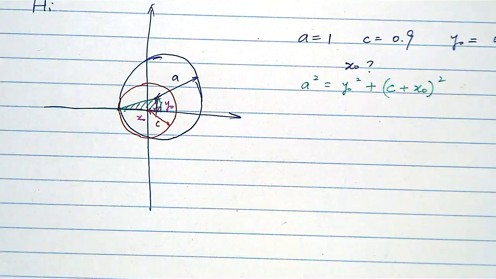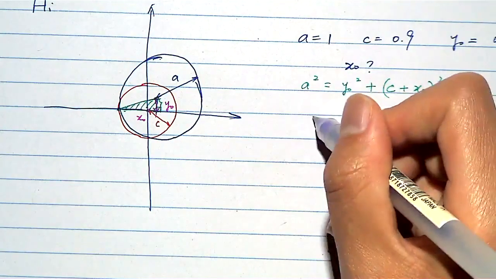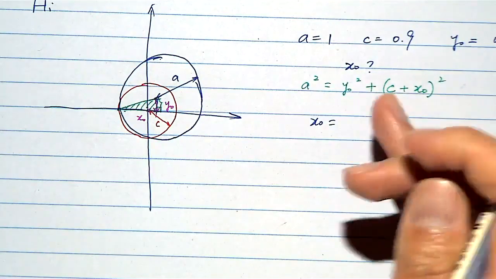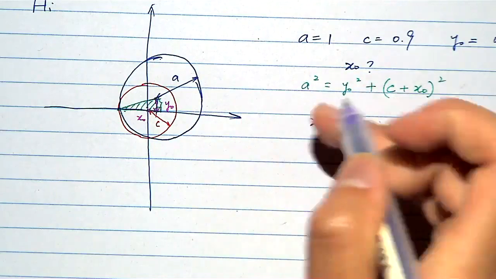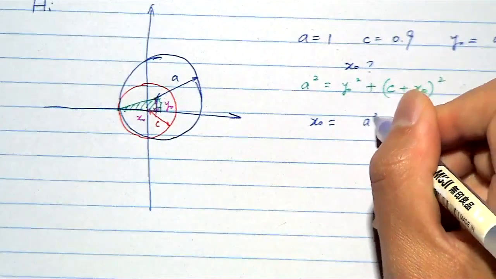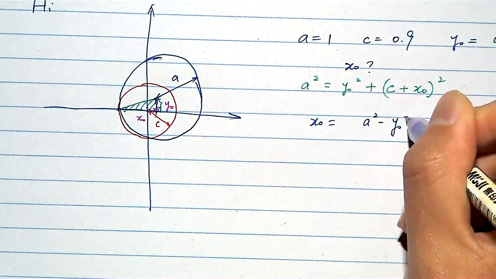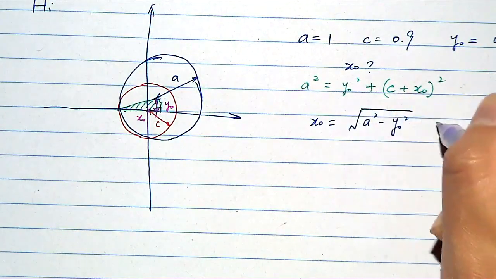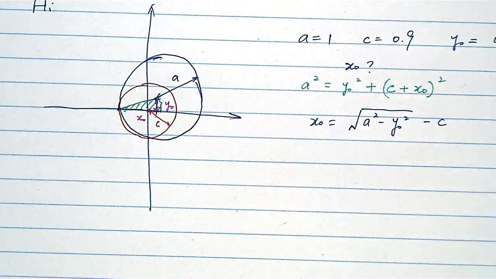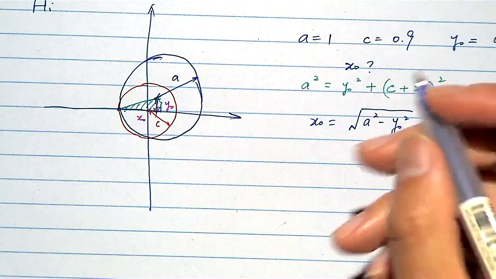So we can just solve this to get x naught equals, we move y naught to the left-hand side of the equation, the square root of A squared minus y naught squared, minus C, okay? And all these numbers have been given.